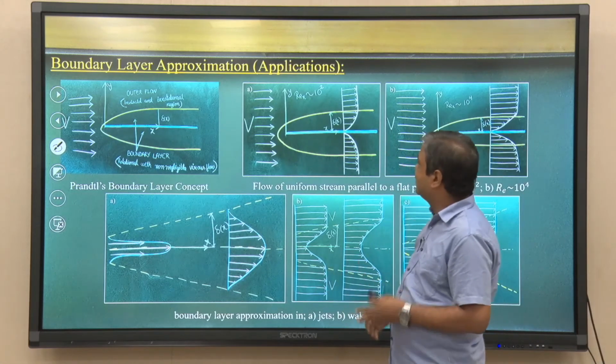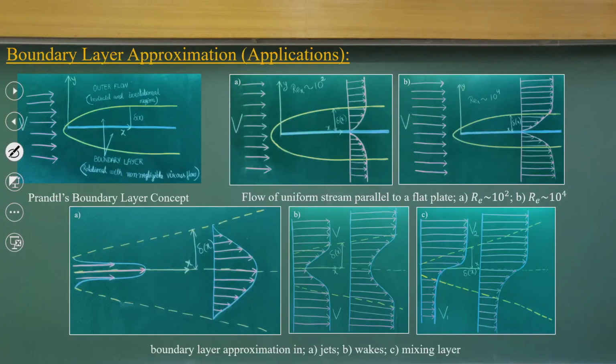Any CFD experiment we can also do with different velocity fields on a flat plate, with different Reynolds numbers. One of the examples is there in the Cengel-Cimbala book. You can just look at that.